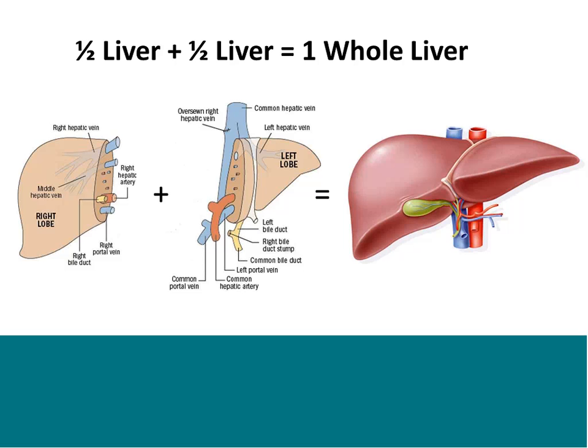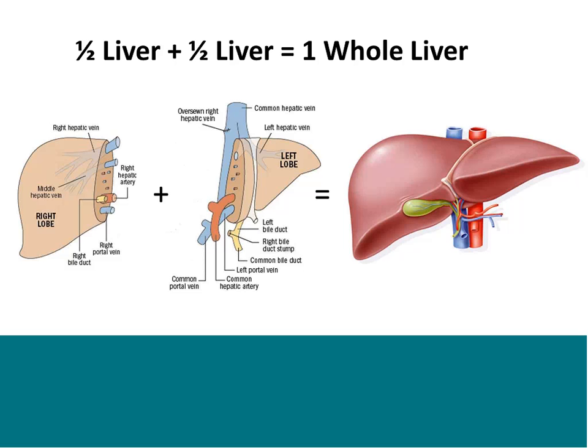The truth is that the right lobe, which we think is half of the liver, is really 5/8 of the liver, and the other 3/8 is represented by the left lobe. And that's probably the reason why more often than not, we can use the right lobe to transplant an adult to an adult.